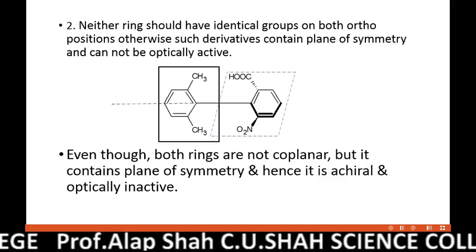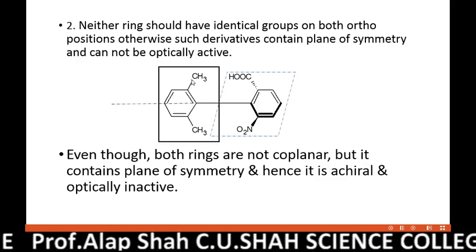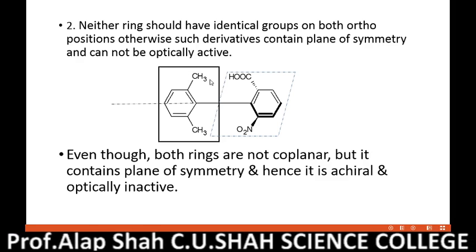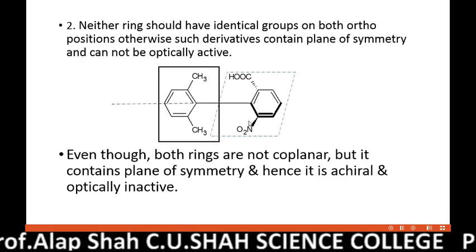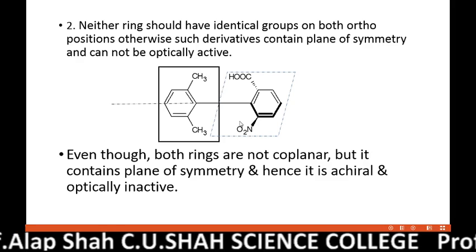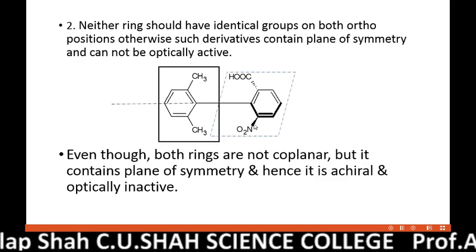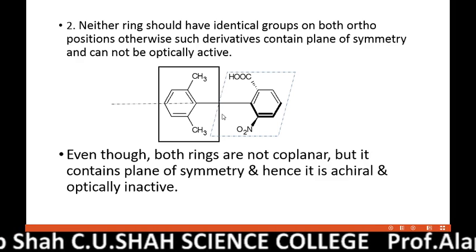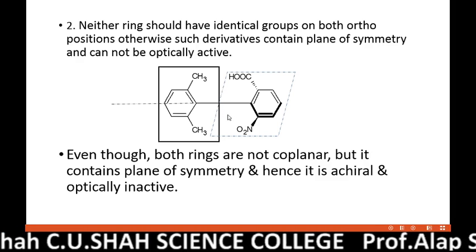And one more thing, even if the same groups are there at this position and here, there is still no question of a center of symmetry. The reason is that both the rings are perpendicular to each other.